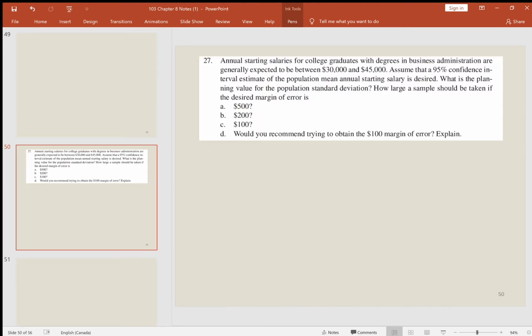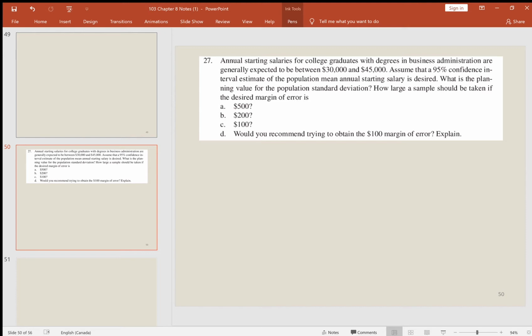Okay. So here is the question. Let me just get my pen going. Okay, so the question is: annual starting salaries for college graduates with degrees in business administration are generally expected to be between $30,000 and $45,000.